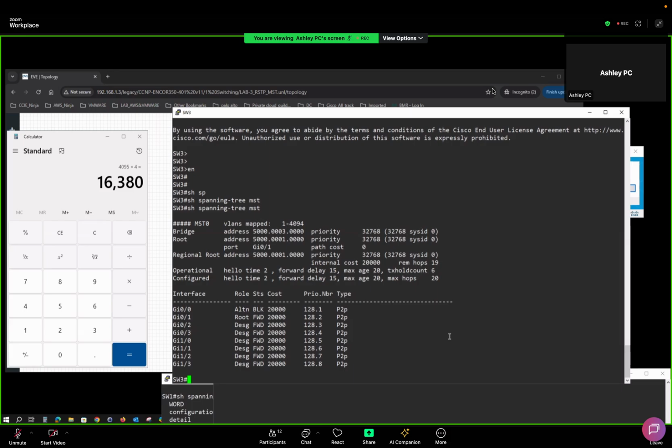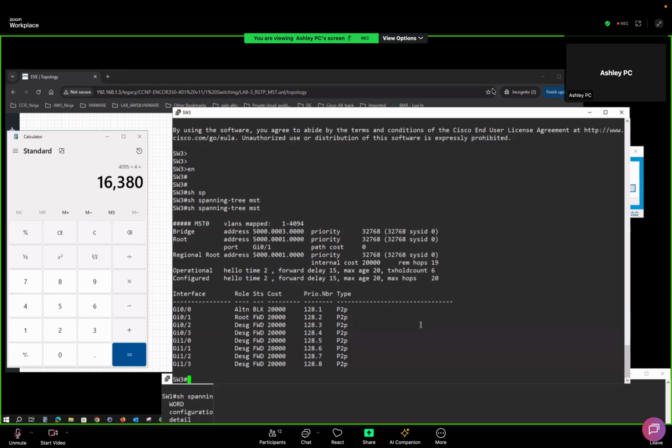Are you getting my point or not? If you look for that internal calculation, then you need to do that internal calculation. Are you getting my point, guys? As you bundle it together, that's why it shows you the cost as 20,000. When you remove that, on a per VLAN basis, what is the normal cost that will come, guys?